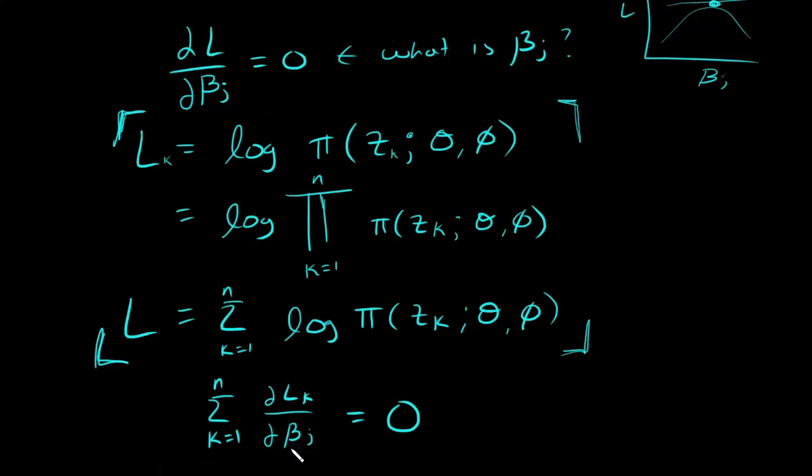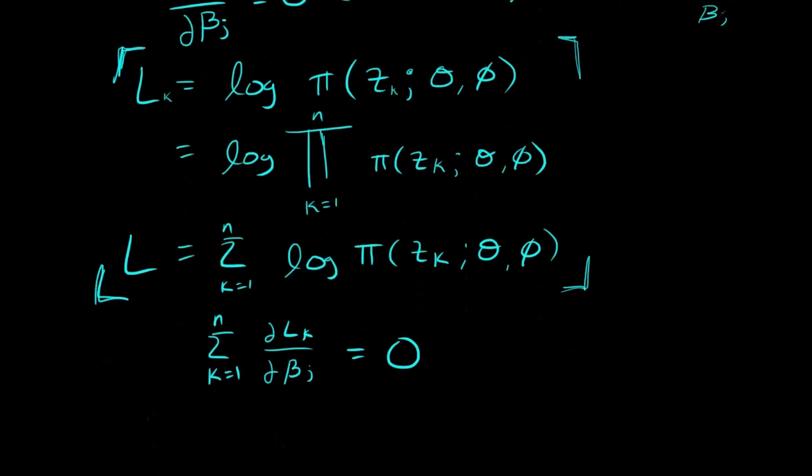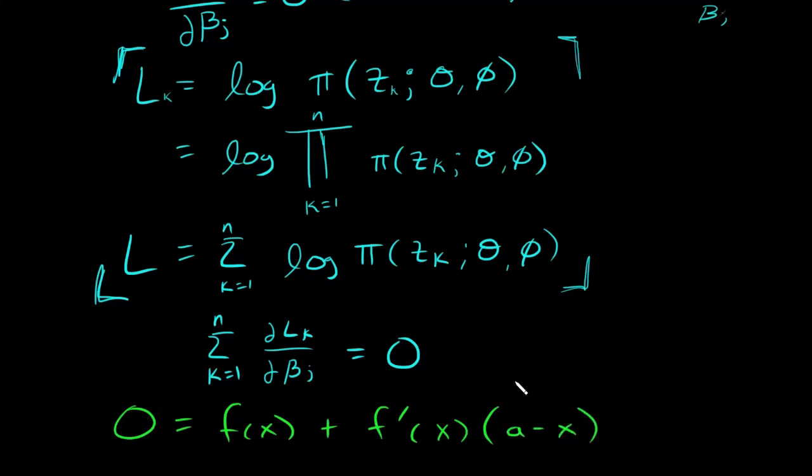All right. So then, where am I going to go from here? Let's recall, I have 0 equals f of x plus f, the first derivative of f of x, a minus x. Right, this is our Newton-Raphson, who said, okay, if you want to find this, just go ahead and plug in 0.